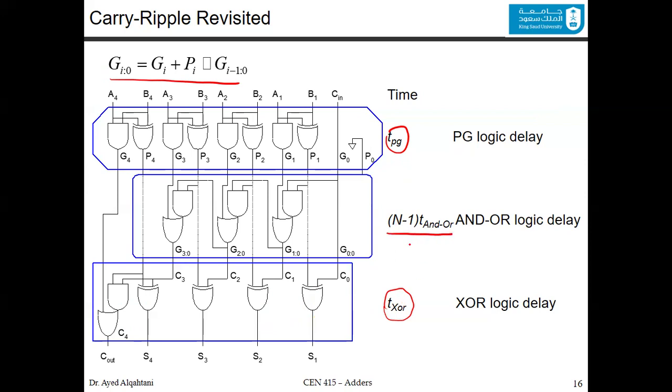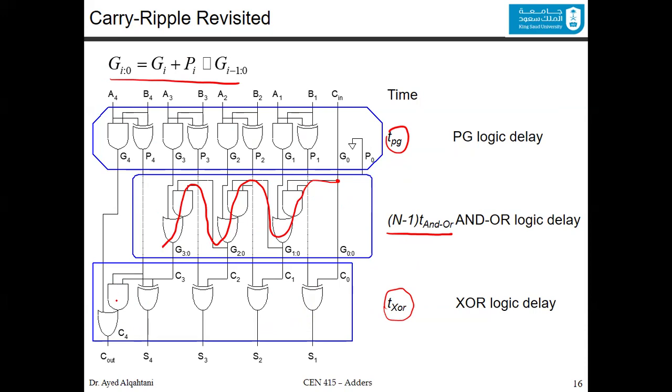And as you can see, since this is a carry ripple adder, for this stage from 1 to 4, we have this ripple behavior where you ripple through 1, 2, and 3. We count only these 3 for this stage.